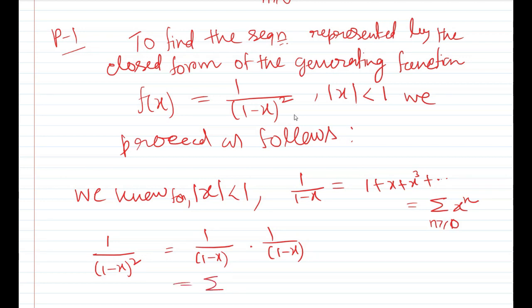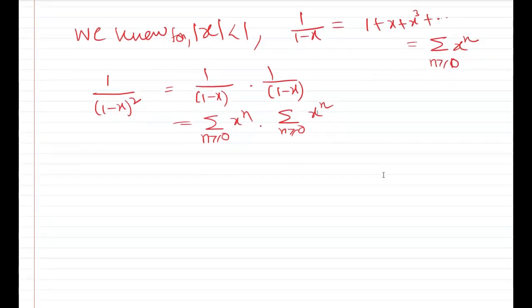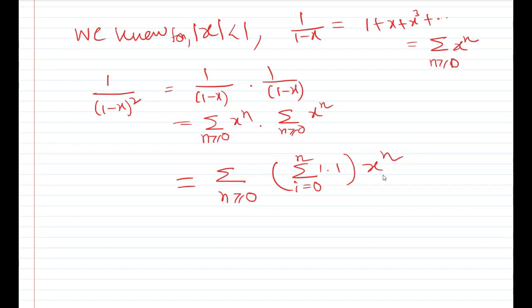Now this equals the product of the two series, 1 plus x plus x square and so on, into 1 plus x plus x square and so on.